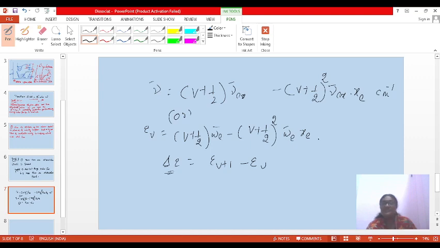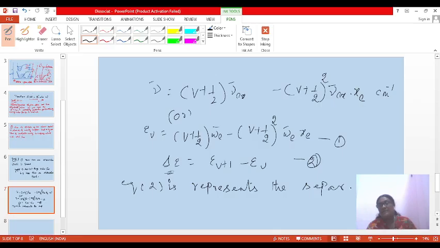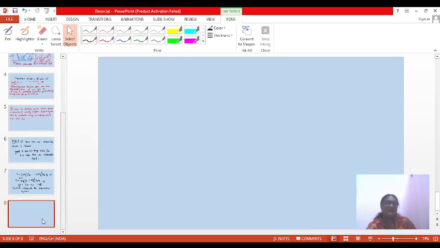This is equation number 1. That is equation number 2. Equation 2 represents the separation between neighboring levels. This is 1 and 2.